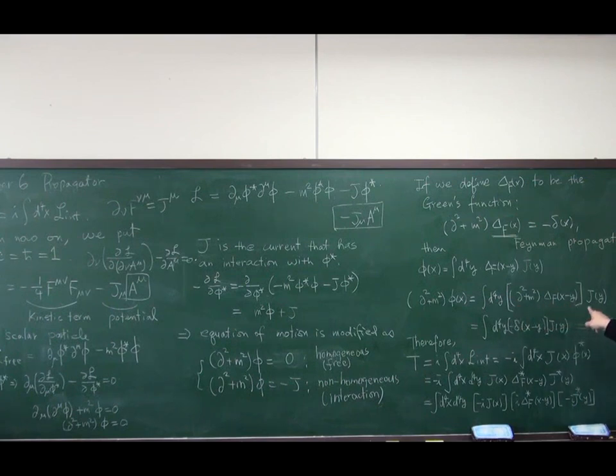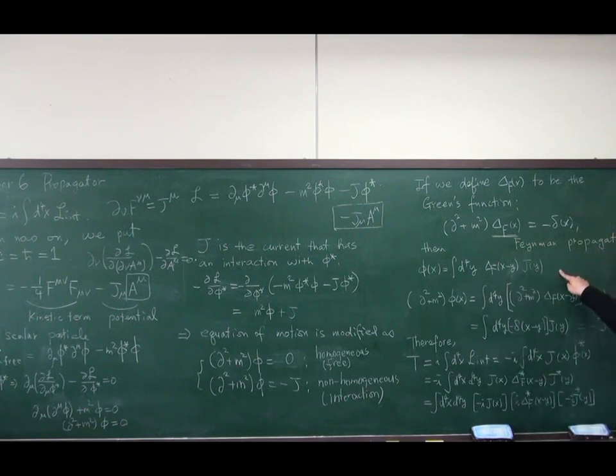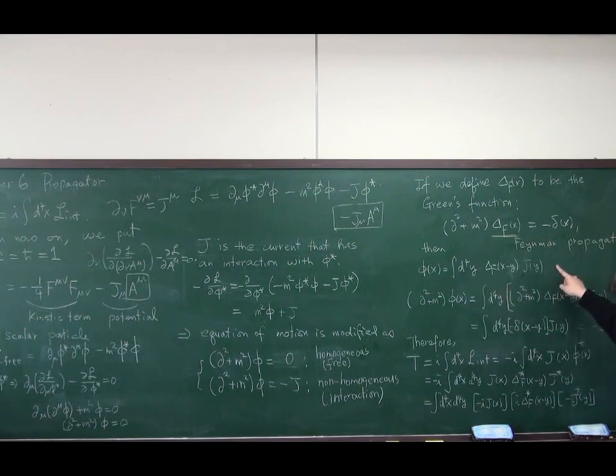Phi star, right. Phi is like that here. This is substituted in here. Then this j of x is the same, and minus i is the same. I have an additional integral over y, with the Feynman propagator of x minus y, and phi is this one, so I have a j star of y.